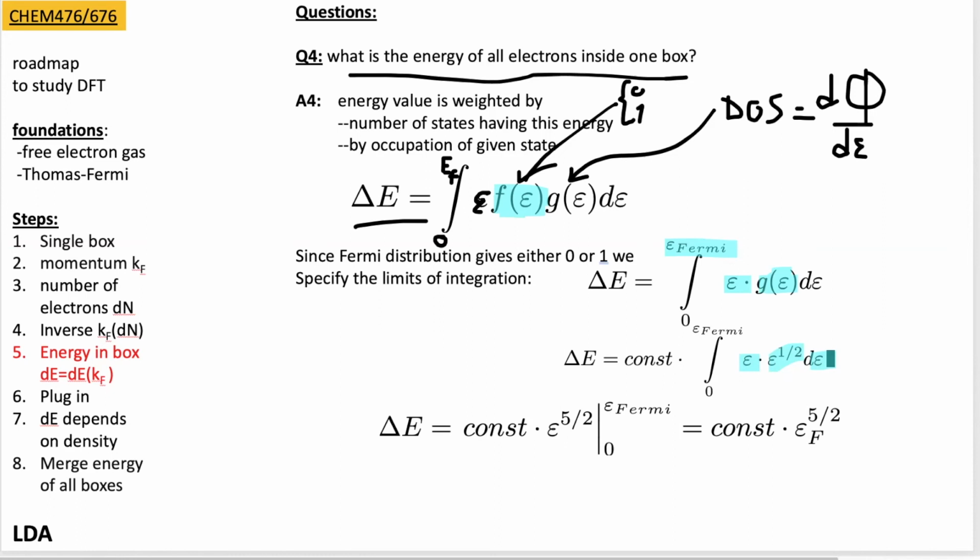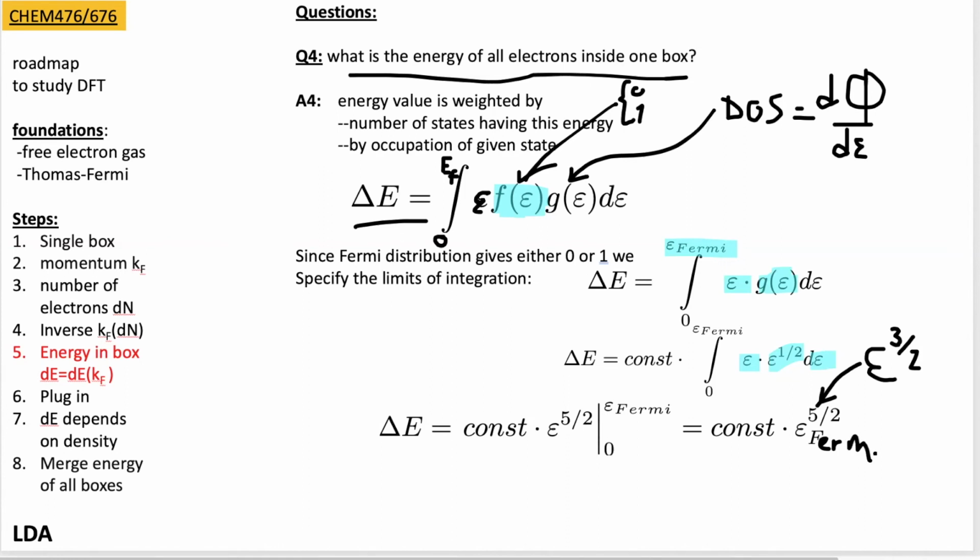Make sense? So we basically integrate e to the power 3/2 over energy. And integration lifts up the power by 1. So instead of 3/2, after integration, we have 5/2. And at 0, we will have 0, and at the upper limit, we will have the Fermi energy.